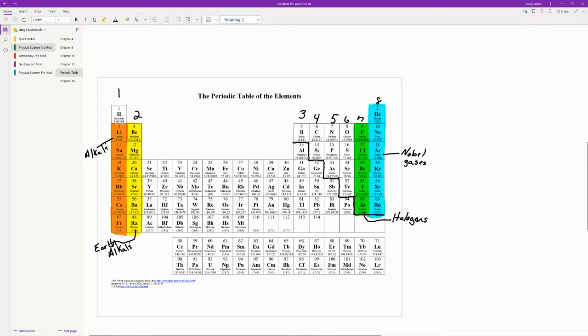So these all have 7 on the outside. These all have 6 on the outside. These have 5, 4. And that outside is called the valence, the valence electrons. So again, as I go from left to right, I add an electron. As I go down, all of these have the same number of outer electrons. Of course, helium and hydrogen, remember, there's only 2 in those.